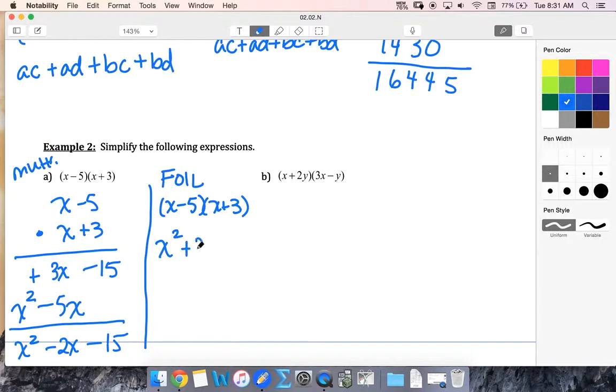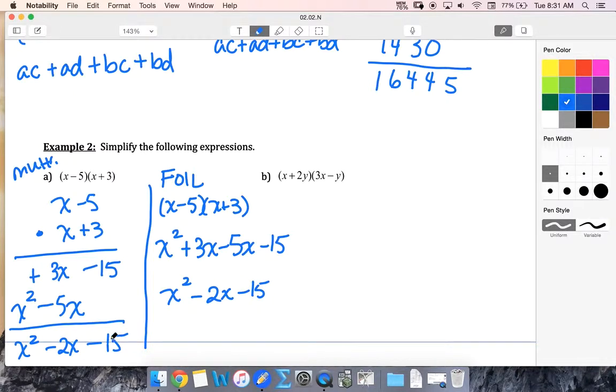Outside, so 3 times x. Inside, negative 5 times x, negative 5x. And then last, negative 5 times positive 3, negative 15. And now I collect like terms. X squared plus 3x minus 5x is minus 2x minus 15. So we get the same answer.